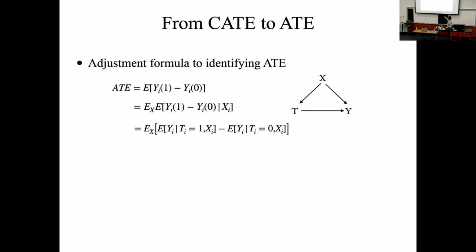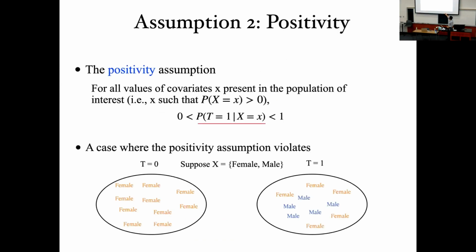And then we can go from conditional average treatment effect to average treatment effect by further taking an expectation over x, the features. Right here, we take another expectation, and then we have that. Okay, that's very simple. And we need some additional assumptions. First of all, we need a positivity assumption.